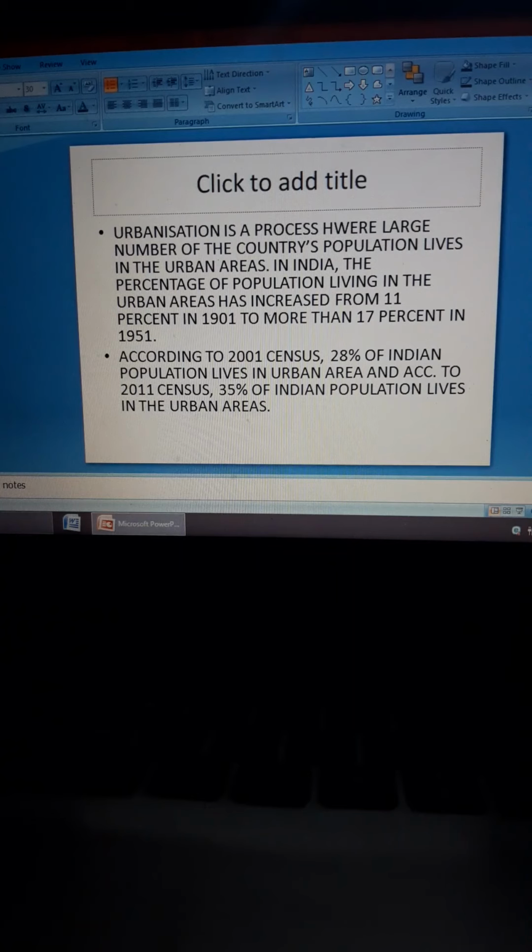So it has been increasing rapidly from 11% in 1901 to 28% in 2011. Although this is not a very fast growth, according to the 2011 census, 35% of the Indian population are living in urban areas, and now it must have increased more. That we will come to know in our next census, right?